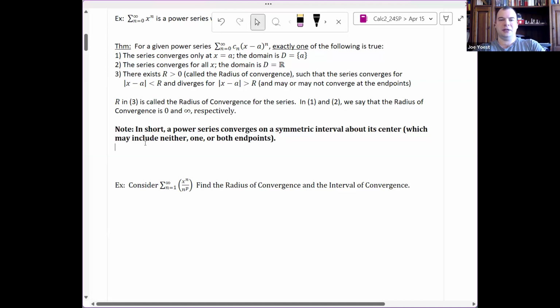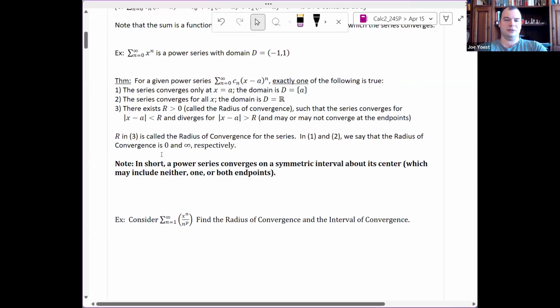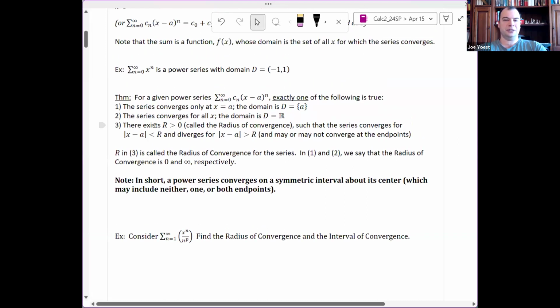As I mentioned, these intervals could include neither, one, or both endpoints. So there are 4 different possibilities for the endpoints: could converge at the left but not the right, the right but not the left, neither, or both. The typical procedure is to find the radius of convergence and then check each of the endpoints individually, just those two special cases.